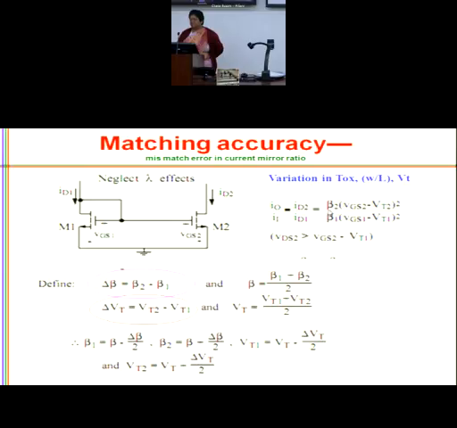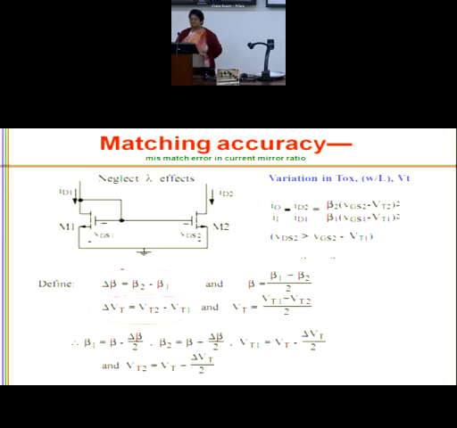So let me say mu n W by L is beta. So it is M2, so beta 2. And this is M1, so beta 1. And VGS minus VT whole square. If you have a lambda coming in, so you will add one more term, 1 plus lambda VDS2. And this would be 1 plus lambda VDS1. And that VDS1 will be same as VGS1. You need to add one more term.